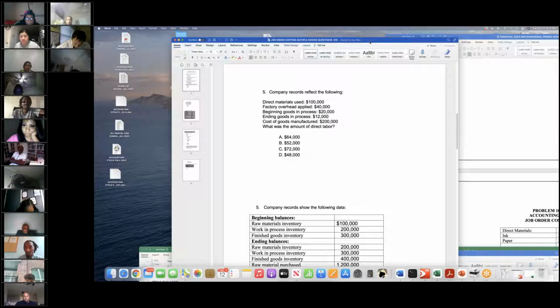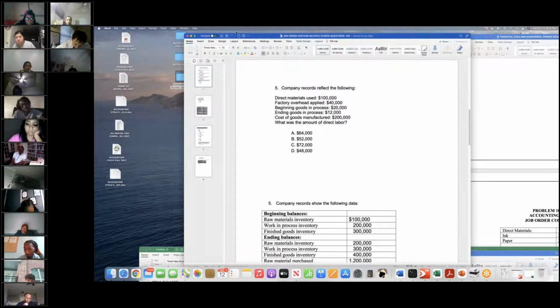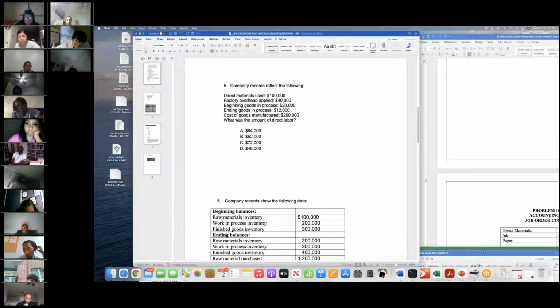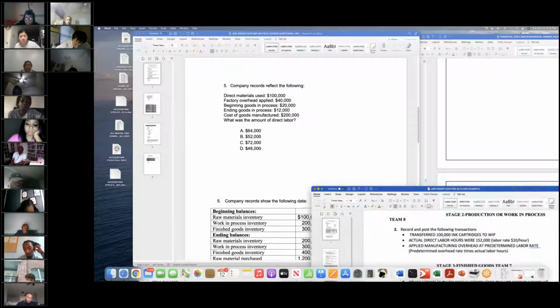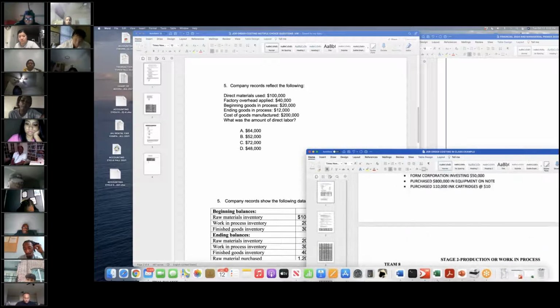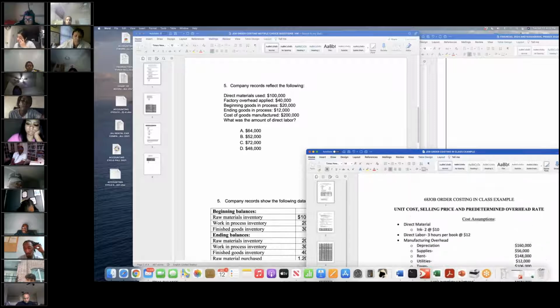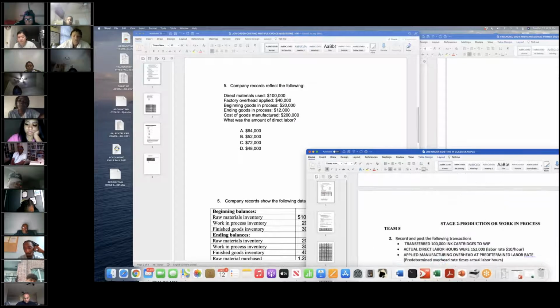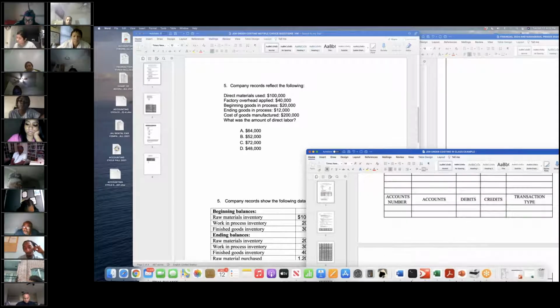So direct materials used, direct labor applied, ending goods in process, ending cost of goods manufactured. What was the amount of direct labor? What are they trying to get you all to do? They want us to set up an equation and get the direct labor.